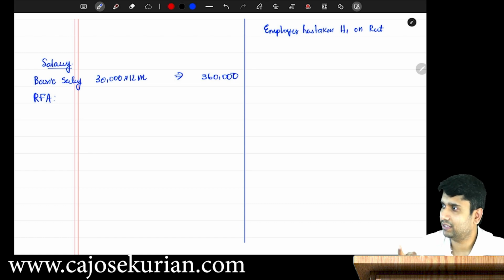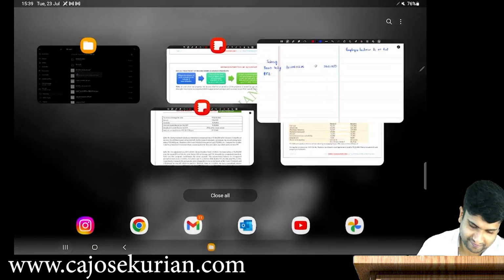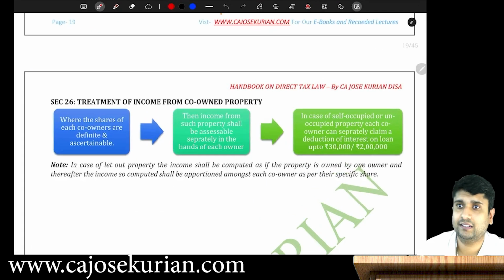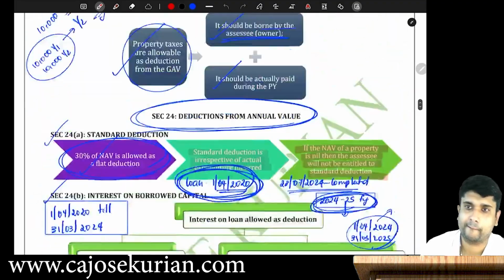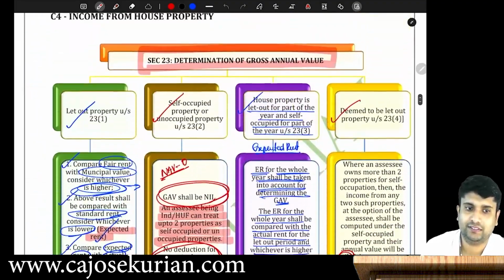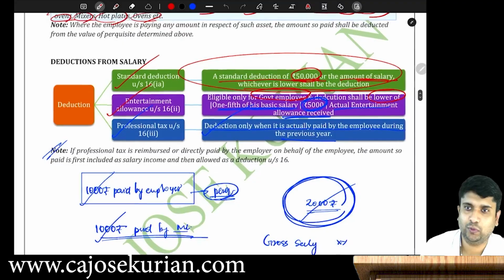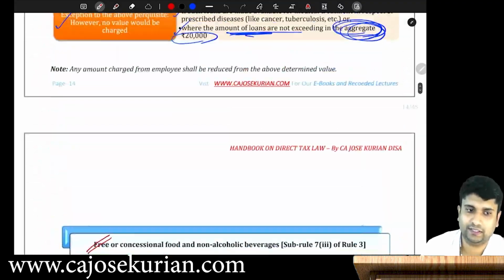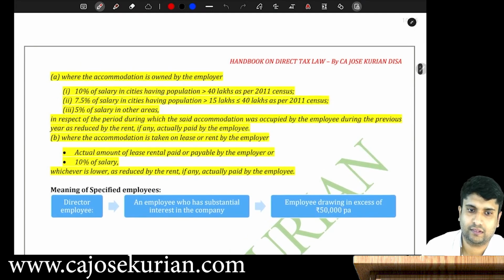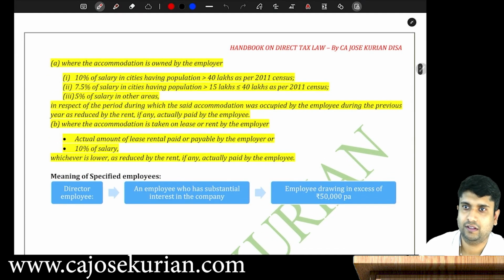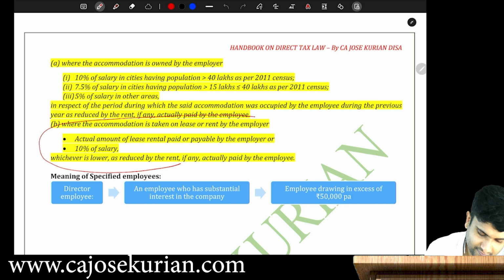Yesterday in the valuation, you were there yesterday in the classes? Do you have the handout with you? Turn the page and take RFA.